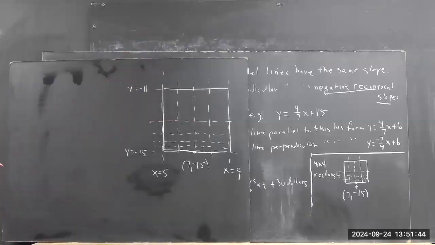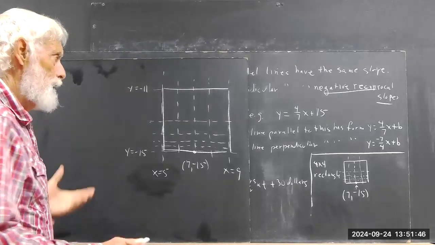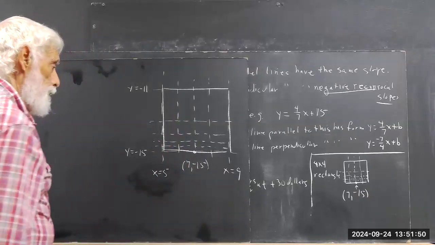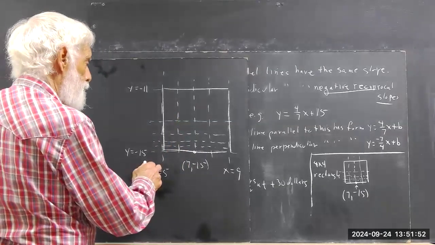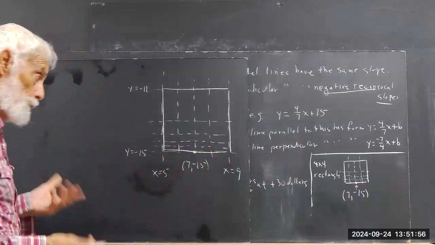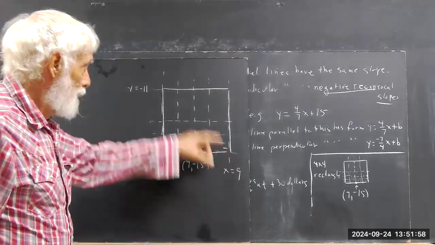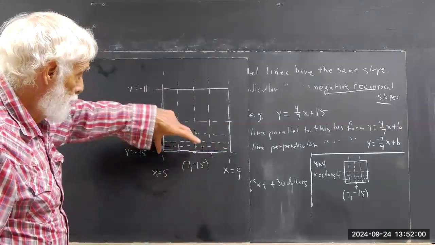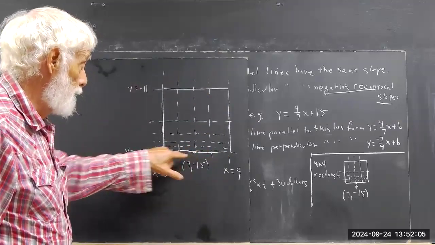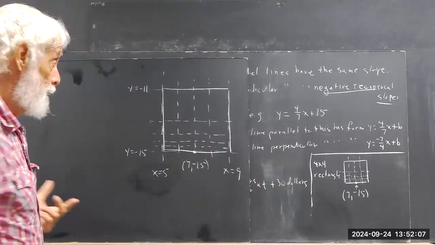Again, it should be easy to label the rest of the lines. This is 5, and this distance is 4, and these are all equally spaced because of the rules. You do the middle, then you got 2 here and 2 here. Then you go halfway from here to the middle, you're going to have 1 here and 1, right?